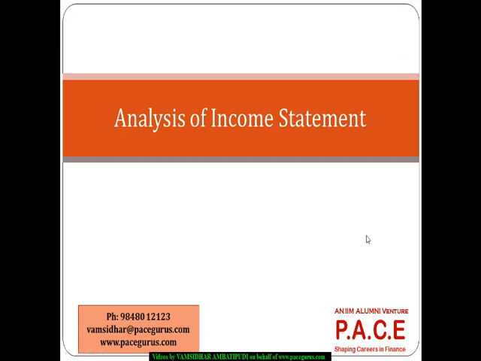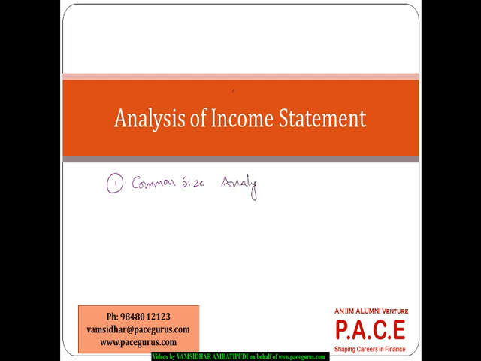In this session, I'm going to look, on an overall basis, at what is the typical analysis performed just by looking at the income statement. The major things expected to be covered are, one, an understanding of the common size analysis.